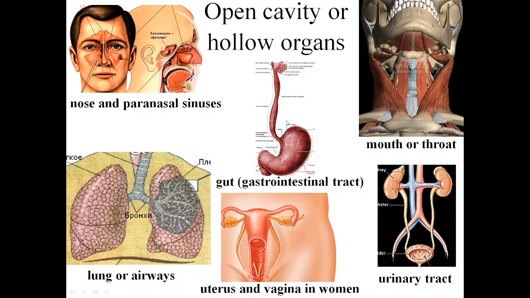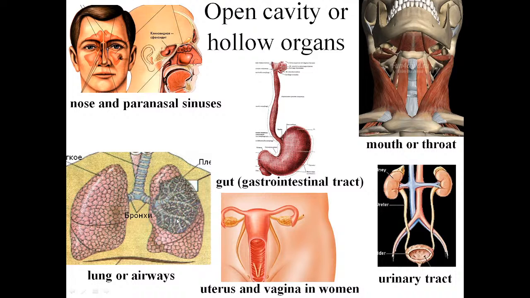Next, the second picture shows the organs of the gastrointestinal tract, where you can see the esophagus, stomach, and then intestine. In the third picture, you can see the mouth and throat. They are connected with the environment. On the next picture, you can see the lung and all the airways.